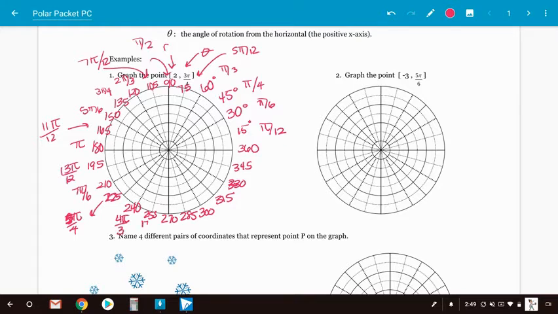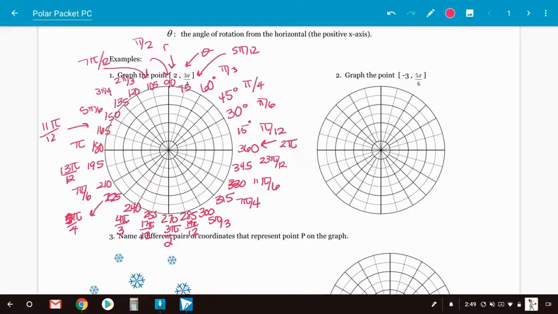And 17π over 12, one of our other new ones. 270 was 3π over 2. 19π over 12 is another new one. 5π over 3, and 7π over 4. Again, you can be copying this off your unit circle. And 345 is the last one that we don't have: 23π over 12. And then this, of course, is 2π here.